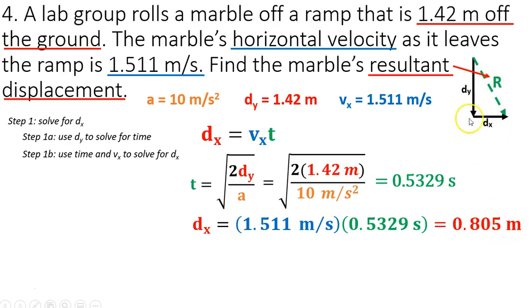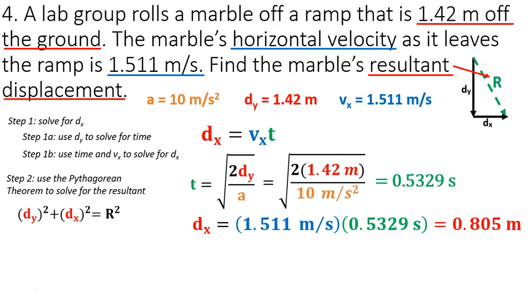So now we have the two legs of our triangle, and we just need to find our hypotenuse. Remember, to do that, we're going to use the Pythagorean theorem to solve for that resultant. And in this case it is going to be dy squared plus dx squared is equal to our resultant squared.